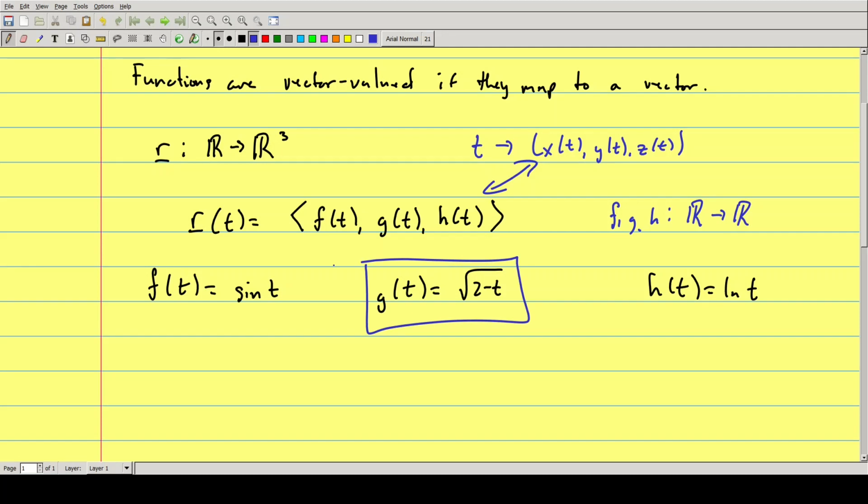Okay, what do I know about the function g of t? The radicand is not allowed to be negative, right? What do I know about this function?